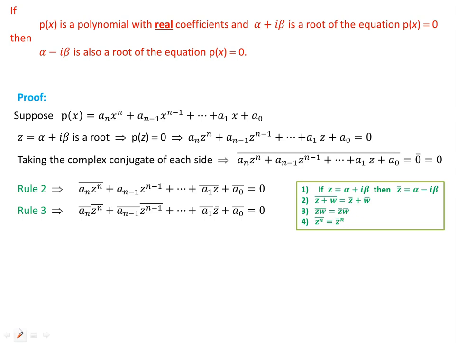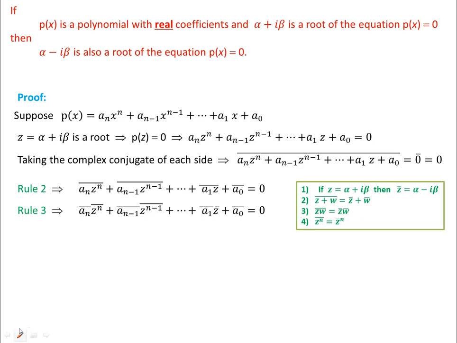Now, the really important observation at this stage is that the polynomial p of x has real coefficients. In other words, the complex number a_n is just a_n plus 0i. It has no imaginary part.